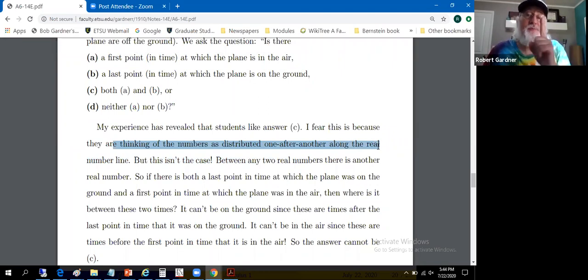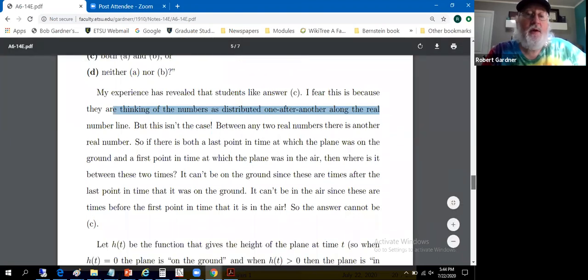There would be a last point in time it's on the ground, and then you jump to the next point, and it's in the air. But that ain't how the points are distributed on the real line. That ain't even how rational points are distributed. Between any 2 points, there's another point. But where was it then? If your answer is part C. Between any 2 real numbers, there's another real number. Where was it?